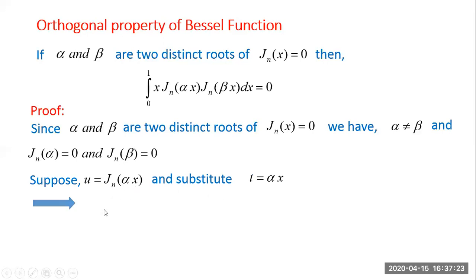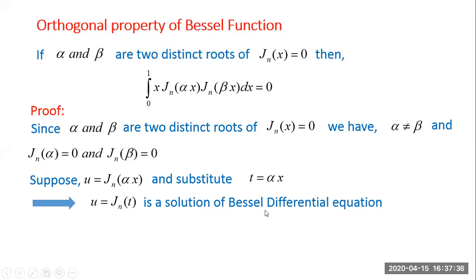Then this u becomes Jn of t. And if you observe here, this Jn of t is nothing but the Bessel's function. And we know the Bessel's function is nothing but the solution of the Bessel's differential equation. So Jn of t satisfies the Bessel's equation.